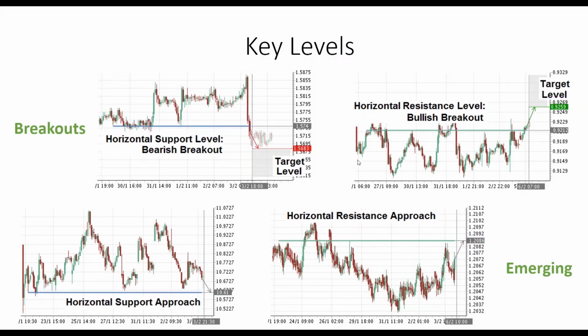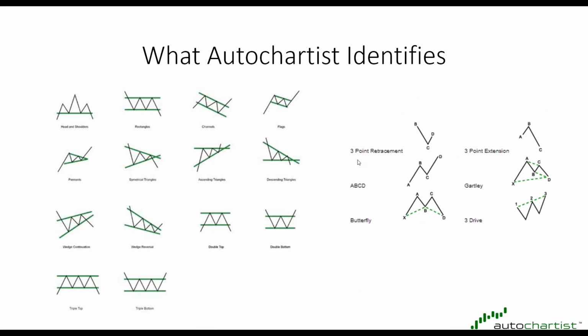I'm just going to flip over. For completeness, I wanted to show you all the different patterns, and don't worry about the names. I actually specifically fuzzied out the names because the names of these things don't actually matter. If you want to talk to me and sound like a professor of technical chart patterns, that's fine.